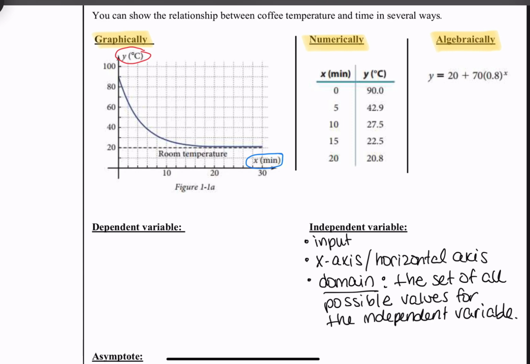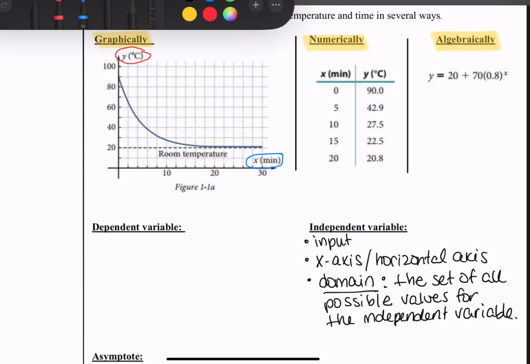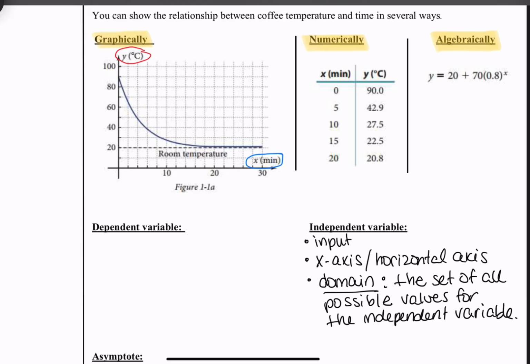Okay, so let's move over to our dependent variable. And again, our dependent variable is dependent on our independent variable. So you choose an input, you plug it in, you evaluate the function, you get out your dependent variable, or what we like to call our output. So a fancy term here is outputs.